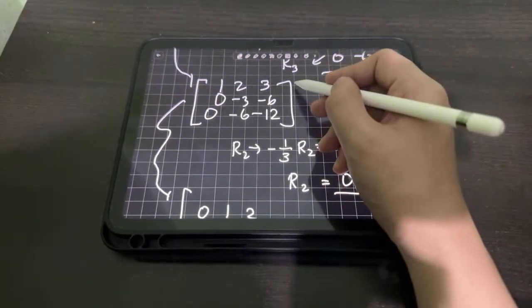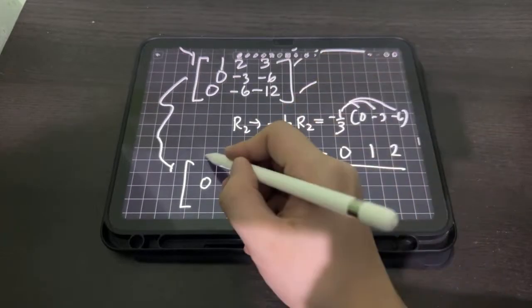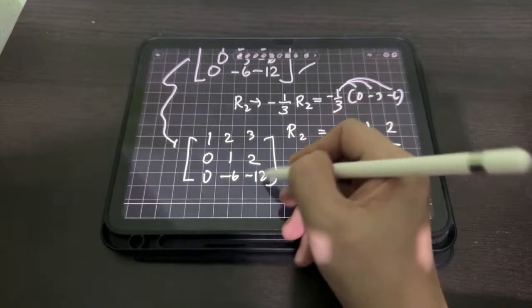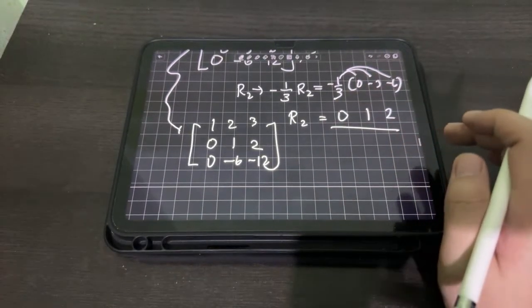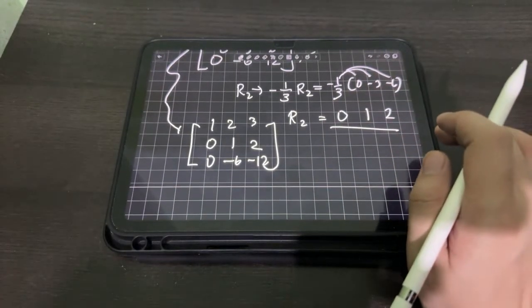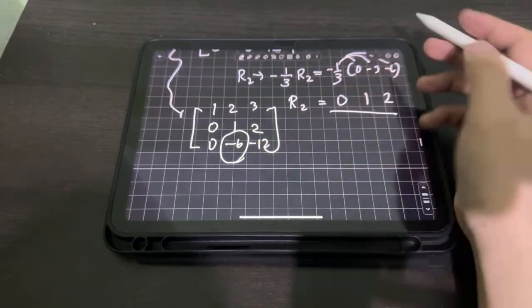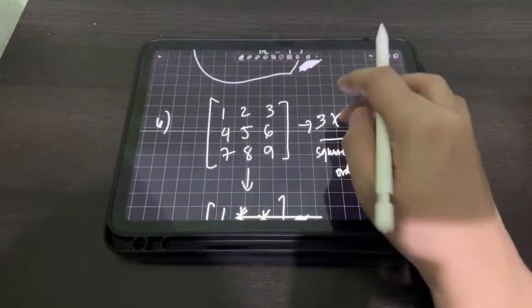Then copy the entries in row 1 and row 3. 1, 2, 3, 0, negative 6, negative 12. Okay? So the next goal is to make this entry equal to 0, right?